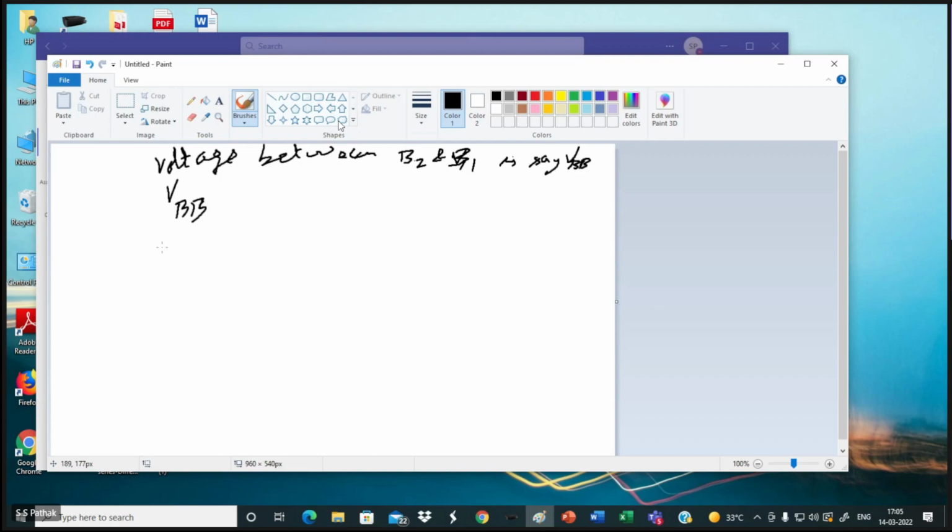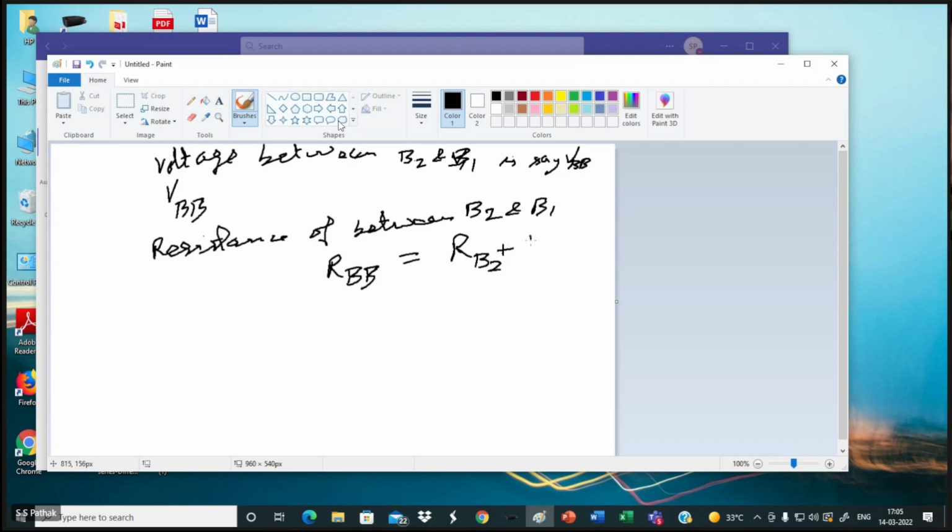So similarly, the resistance of the device between B2 and B1, I can say as RBB, which is nothing but the ohmic contacts RB2 plus RB1.